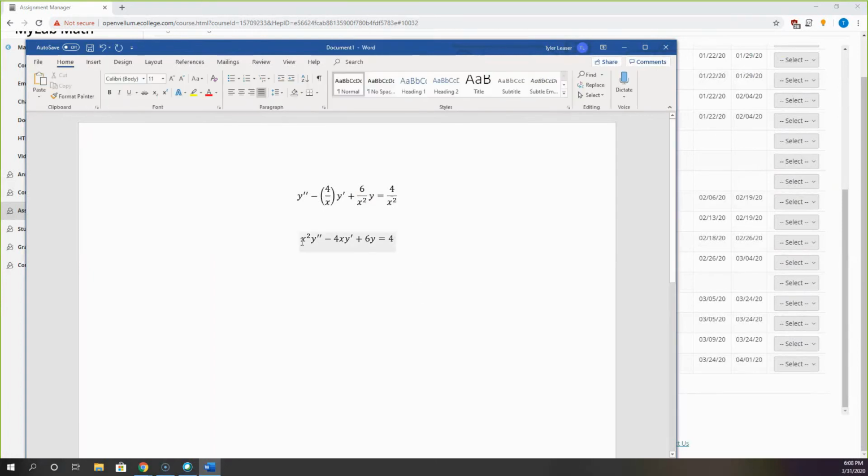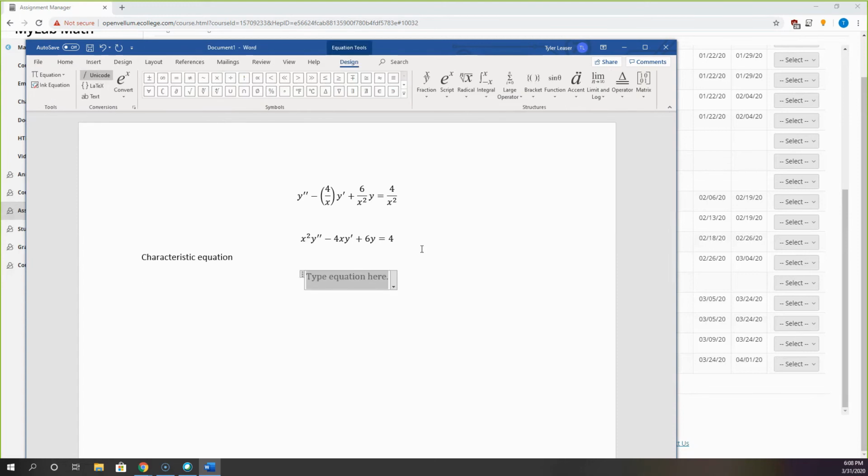Now we have it in that case, right? They have x's instead of t's, but it's still the same thing. And so with this, this is where we want to do that characteristic equation. That's why we have the equidimensional case. So the characteristic equation is this.